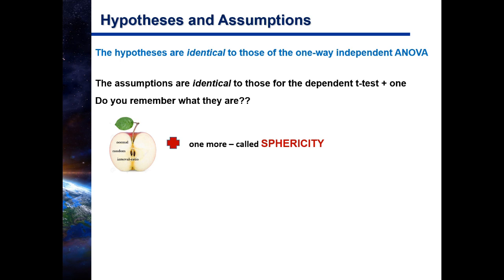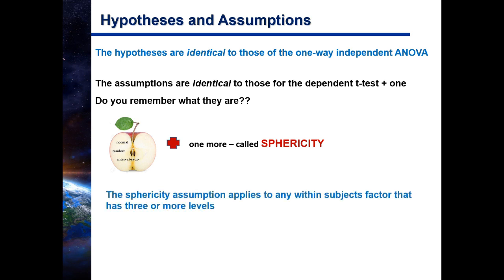All right, so I'm going to get a little ahead of myself here. Let's talk about this. The sphericity assumption only applies to a within subjects factor where there are three or more levels. So you might have been wondering, how come we didn't test for sphericity with the dependent t-test?